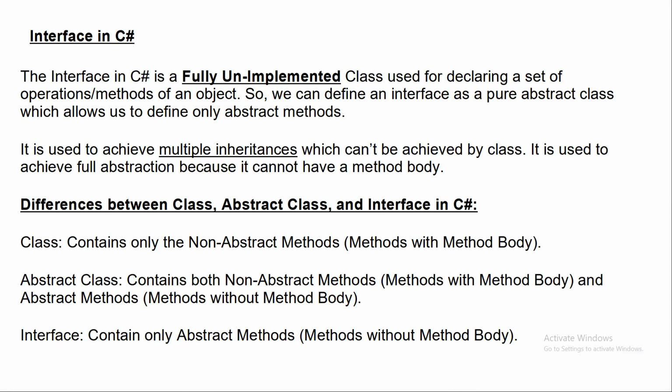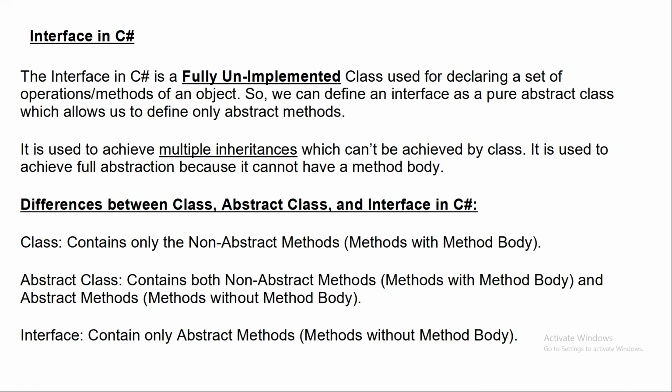Okay, so now a different concept: interfaces. Now you know that an abstract class contains abstract methods, but it is not required that everything be abstract. You can have non-abstract methods and abstract methods.